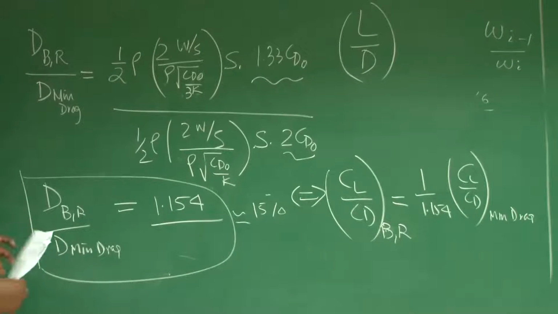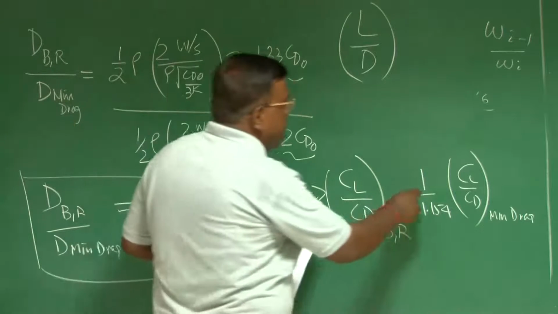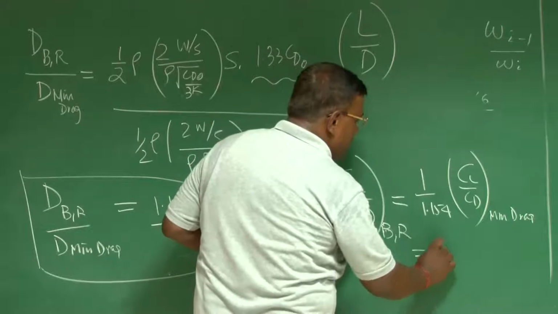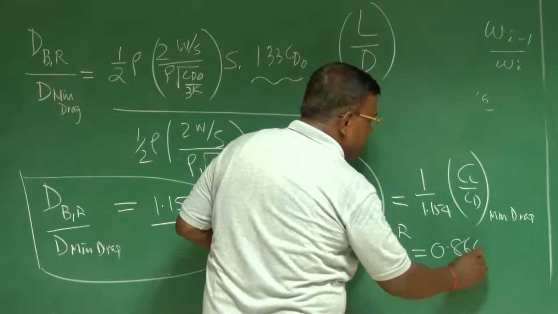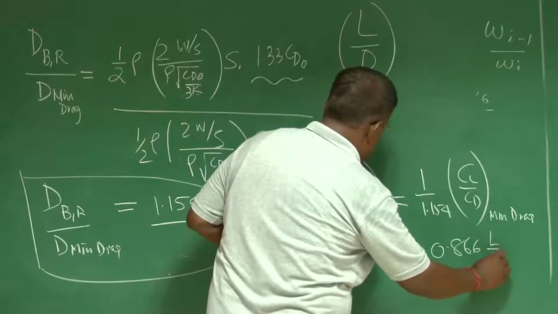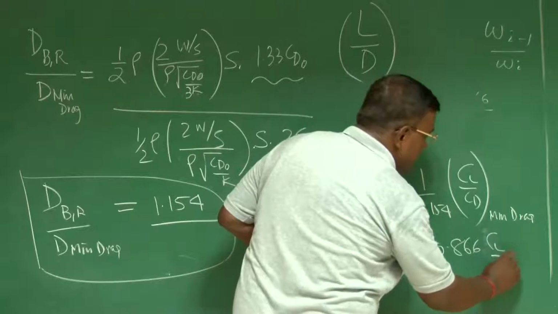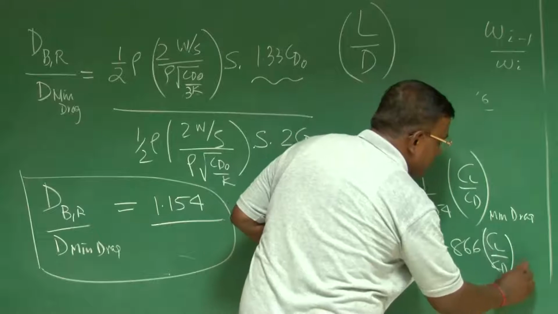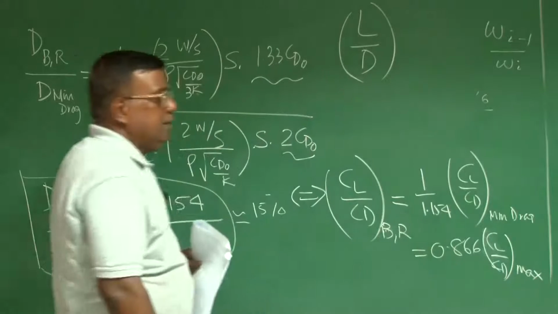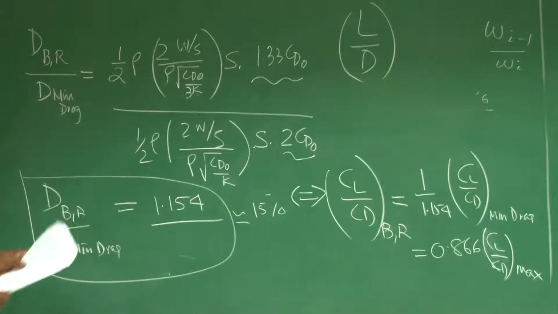Obvious, because the drag is more, right? L by D, CL by CD. So now if you see, this 1 by 1.154 is again 0.866 of L by D or CL by CD max. So what is the message? So again this number 0.866 is coming.